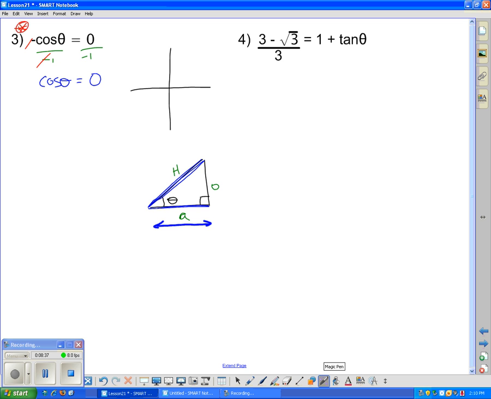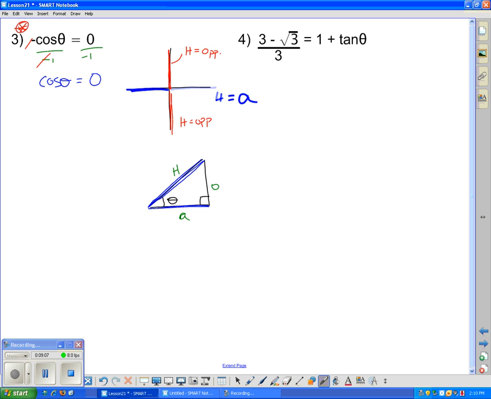If we go back to the CAST rule, that occurs when I have a line straight up and down. At this point, hypotenuse is equal to the opposite. And if I go the other direction, straight down, hypotenuse is equal to opposite. If we're looking at the other sides here, the hypotenuse equals the adjacent, which is not what we want.